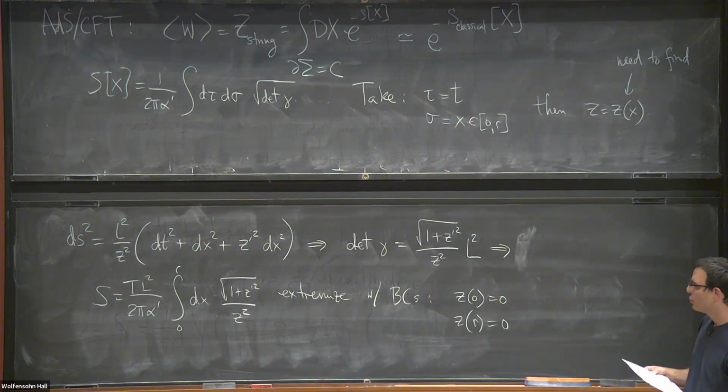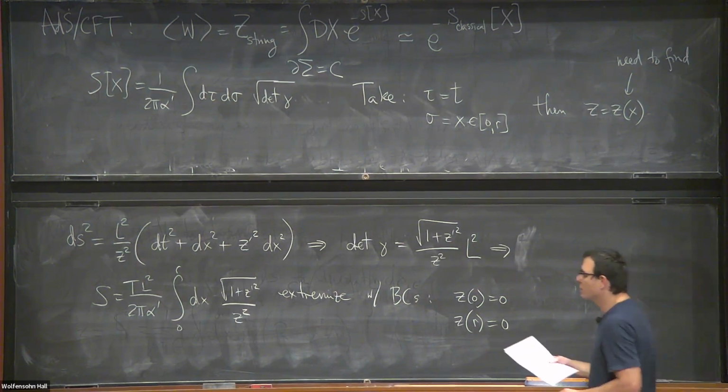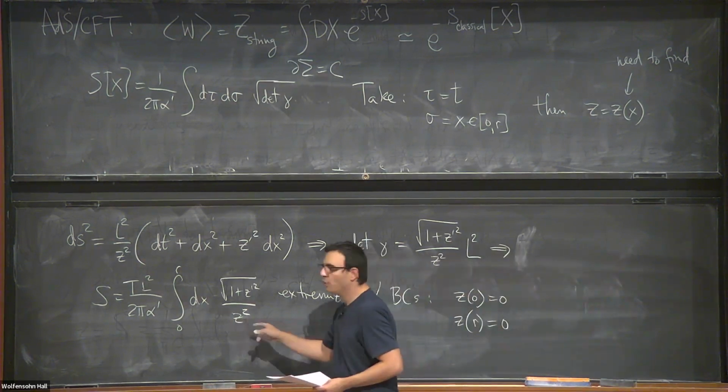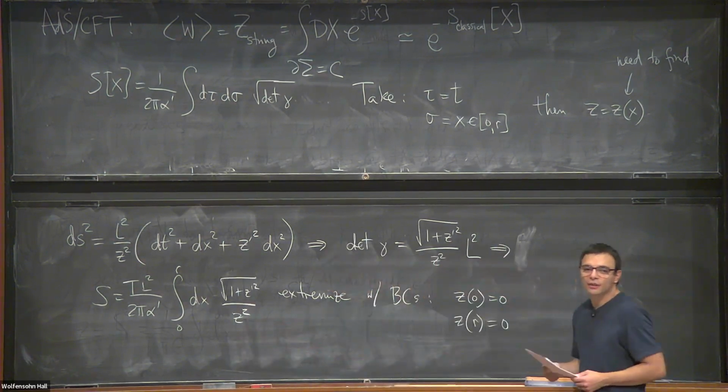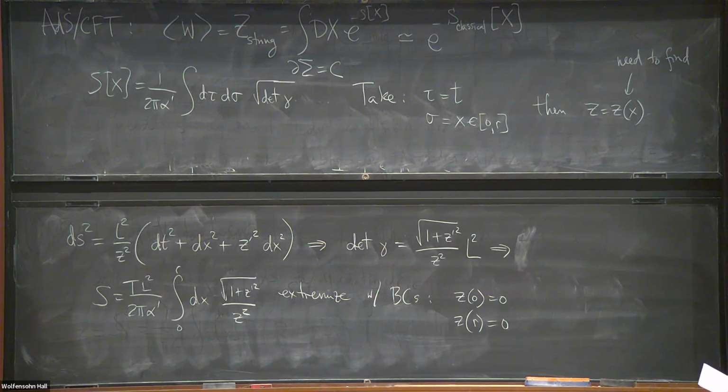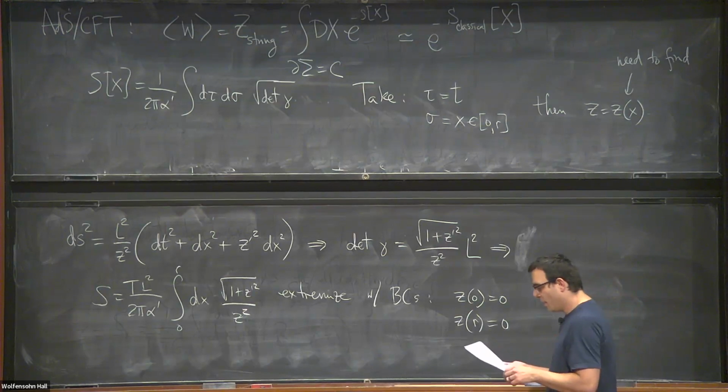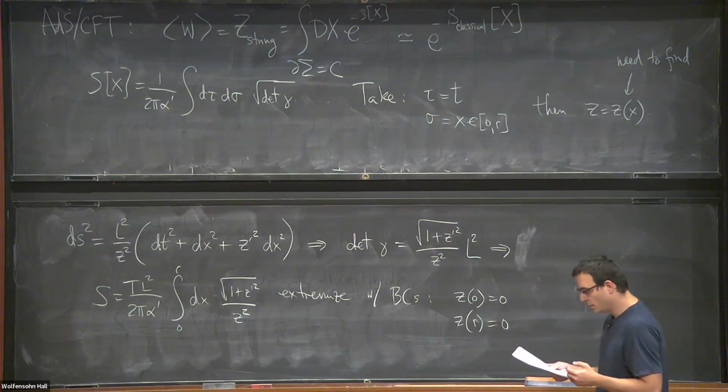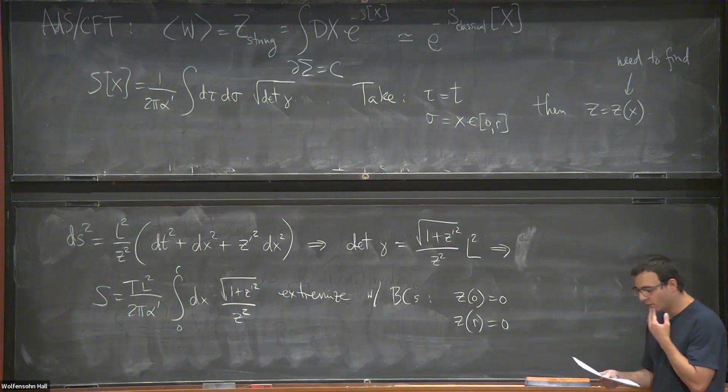And then you can use the usual tricks from classical mechanics. The Lagrangian is independent of x. If we think about x as a time coordinate, then that means that the corresponding Hamiltonian is conserved. We can use that conservation law to find a first order equation for the shape of the worldsheet.